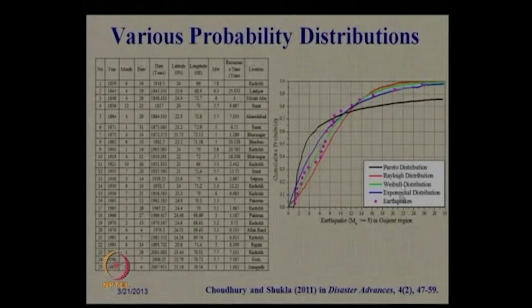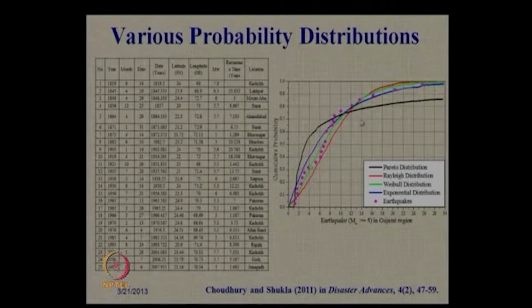Next, another better model is the exponential distribution, that is the blue color line. If you look at that, that is the next better one after the Weibull distribution, right.